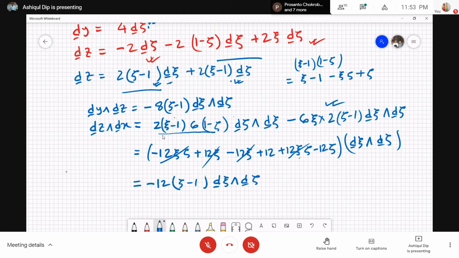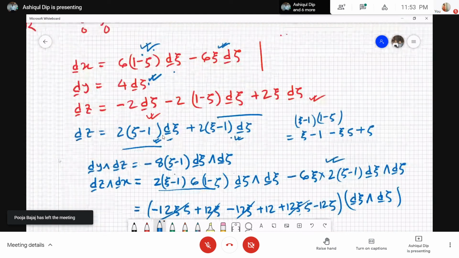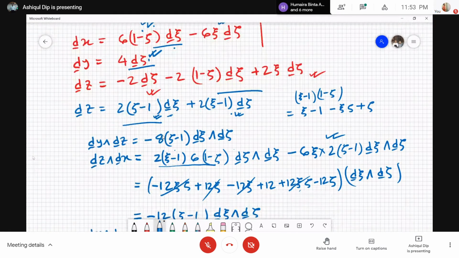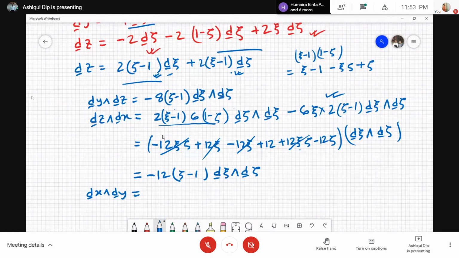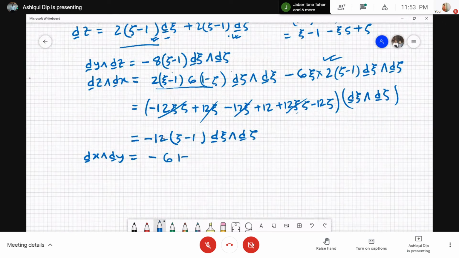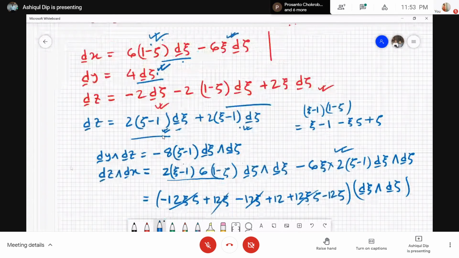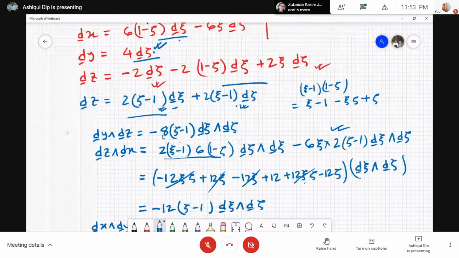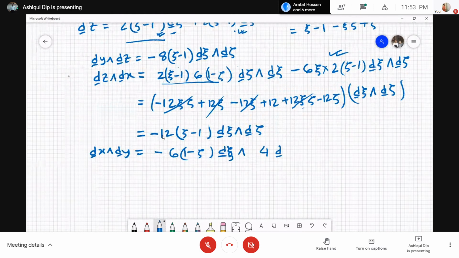That you got. Okay, so the most complicated one is done, and now the last one. dx wedge dy, which is basically this term with this term, right? It will be minus 6(1 minus zeta) d xi, and I have a 4 term over there, so 4 d zeta, right?